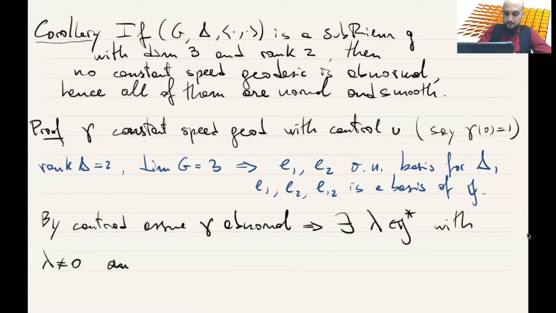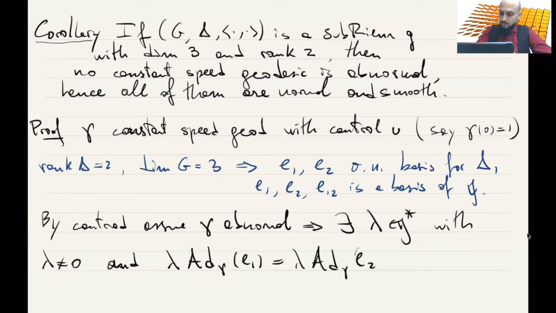And we have the abnormal equation for E1 and the one for E2, and the derived equation for E_{1,2}. All these three are equal to 0.